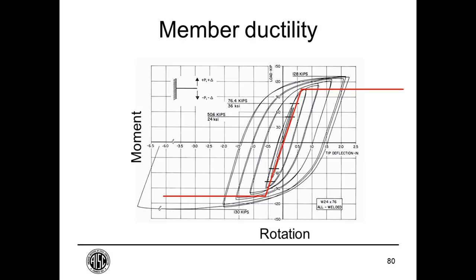If it's a very stocky brace, it tends to squash or buckle in a more controlled fashion. But a slender or intermediate brace is going to buckle and degrade almost immediately in that first cycle. Then in subsequent cycles, it never gets up to that maximum force again because it never becomes fully straightened. So I like this question, and we'll come back to it in session 3 when we're talking about braced frames, and we'll talk about degradation of the brace as it goes through cyclic buckling.